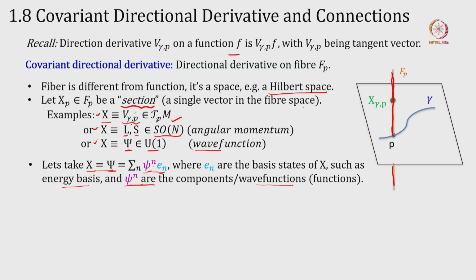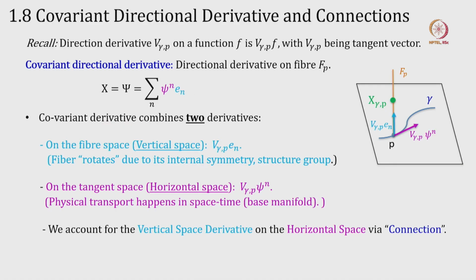So, when a derivative acts on a function, it should act like this, but a state vector is more than just a function, you also have this unit vector. So, how does the unit vector change as we make an infinitesimal change from one point to a nearby point to define a derivative? This is where the covariant derivative plays a role. Okay. So, we want to define a covariant derivative on this function or this section that we already discussed.